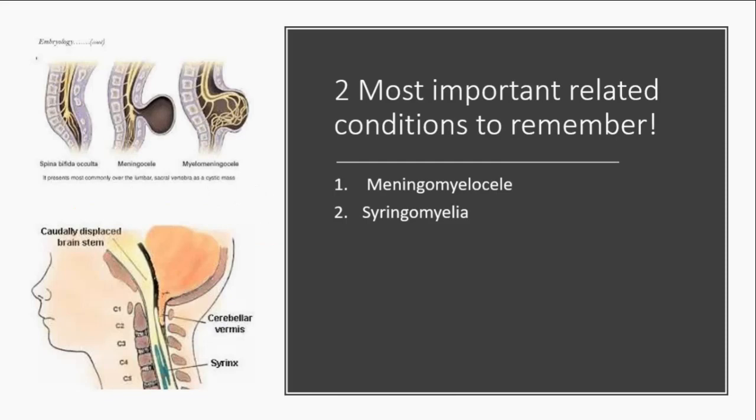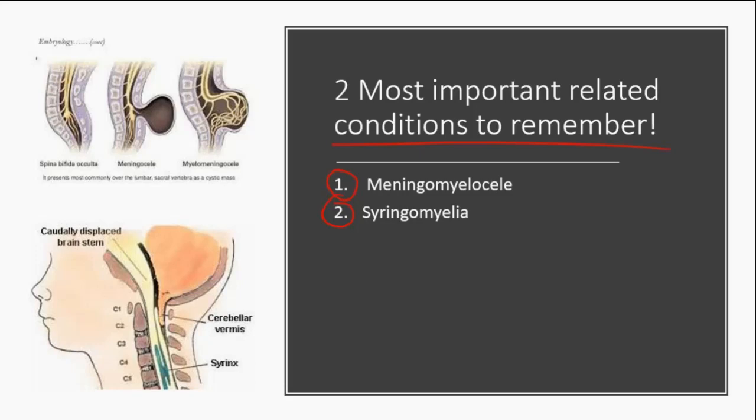Okay, so now what are the two most important conditions to remember that are associated with Arnold-Chiari malformation? Now these come up in exams a lot. So essentially they are meningomyelocele and syringomyelia. Now I'm not going to explain these in a lot of detail. You can go and study them by yourself, or hopefully you already know them.